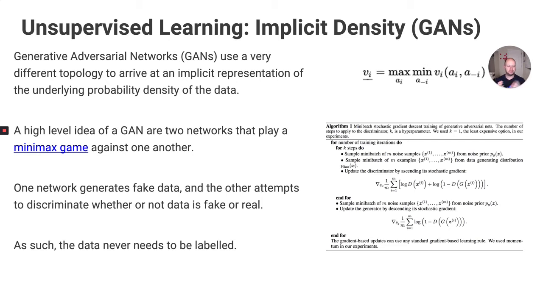The idea is this minimax game, where one network is trying to generate images or data that it then uses to fool the other network. So you have this generator network, which is trying to generate data, and you have this discriminator network, which is trying to discriminate whether a piece of data is real or fake.